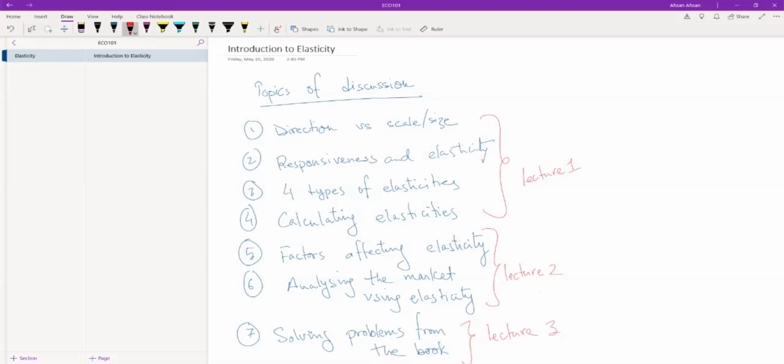But at the end of the day, the intuition that you get from this chapter, elasticity, is something all of you already know. So I just wanted to let you know that this is a super interesting chapter. And at the same time, this is not something that's very difficult. This is something all of you know about already.